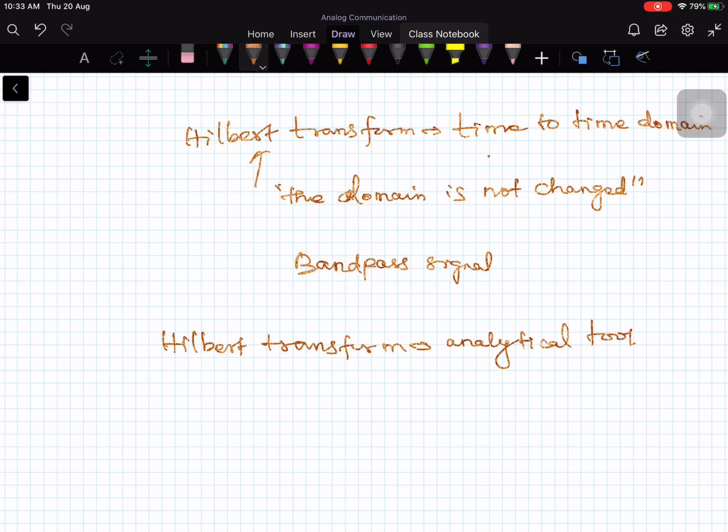Later on we will find that this representation is very useful to us in important applications. In particular, it is used to represent certain kinds of modulation schemes like single sideband AM modulation. That will be one of the major applications of this representation.